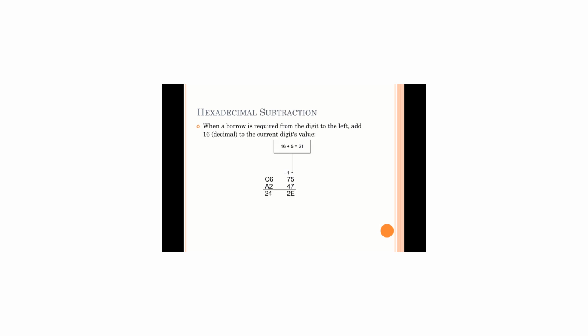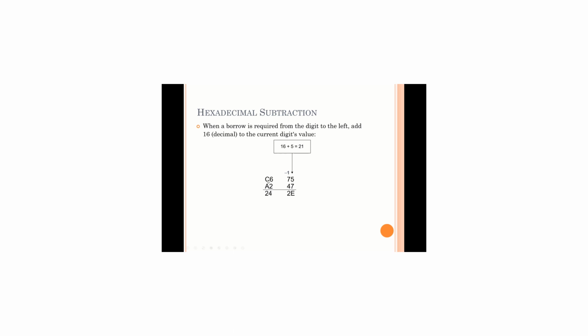Okay, how about subtraction? It's the same way as in binary and as in decimal numbers. Let's see. We're going to subtract the number A2 from the number C6. So 6 minus 2 is 4, straightforward.